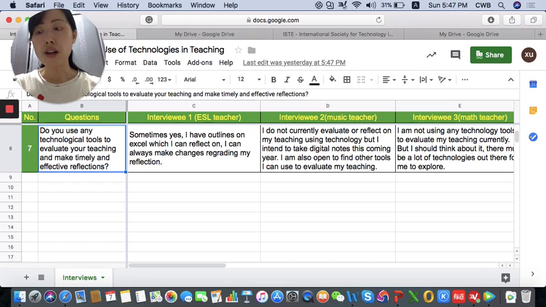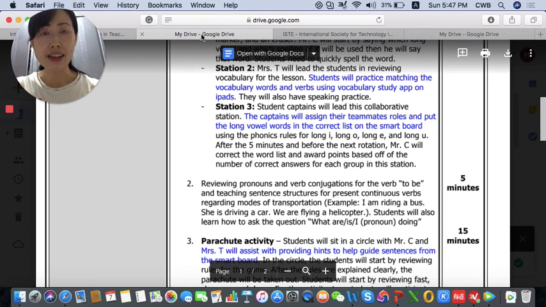So we are open to find appropriate tools in order to make the evaluation and the reflection more visual and more rigorous.